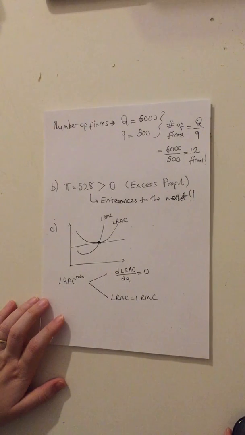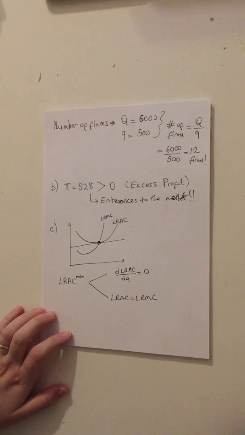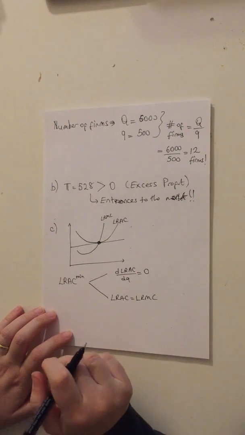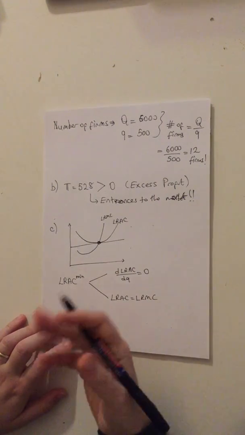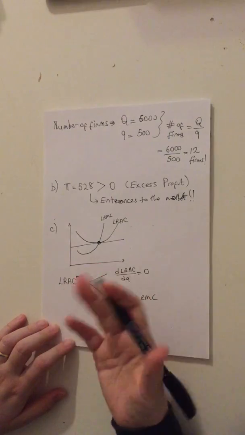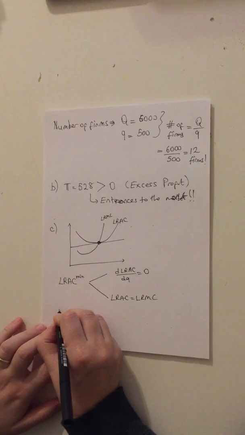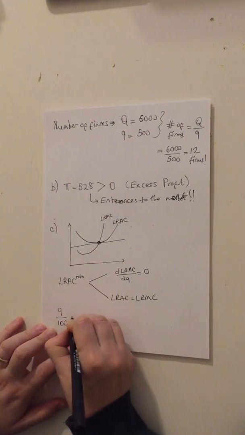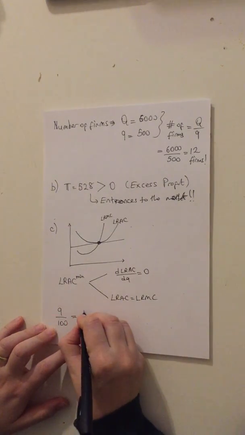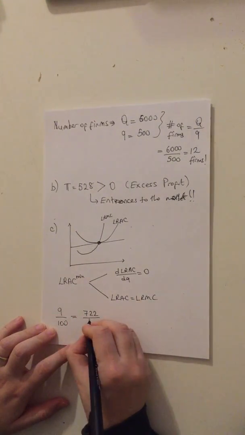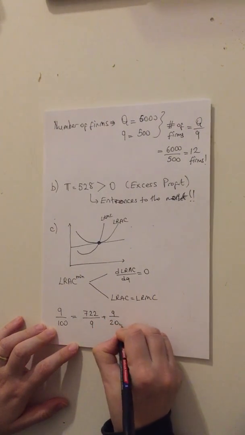So let's equalize the marginal cost to the average cost. The marginal cost function we found, of course, we are just assuming the same cost function will stay in the long run. So the marginal cost function was Q over 100, and the average cost function is total cost over Q. So it is 722 over Q plus Q over 200.